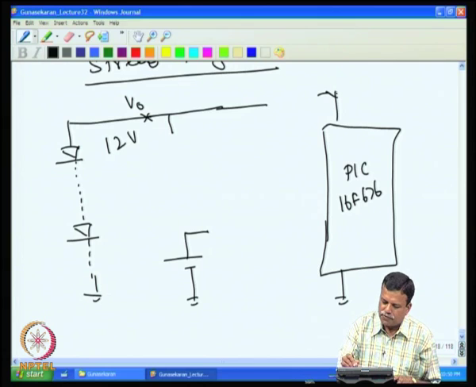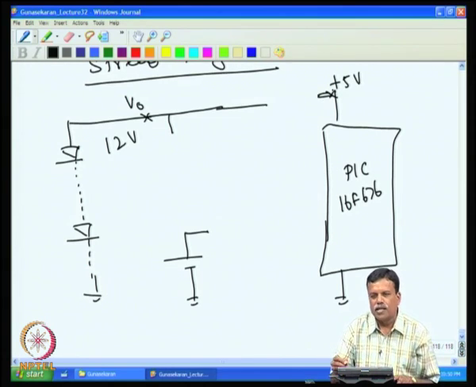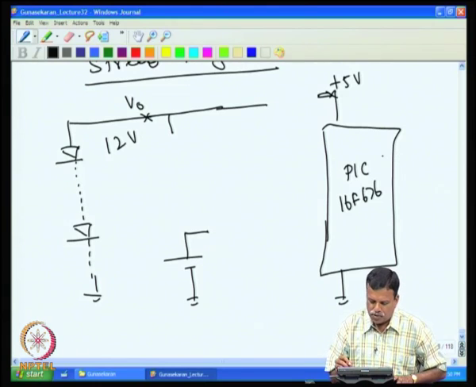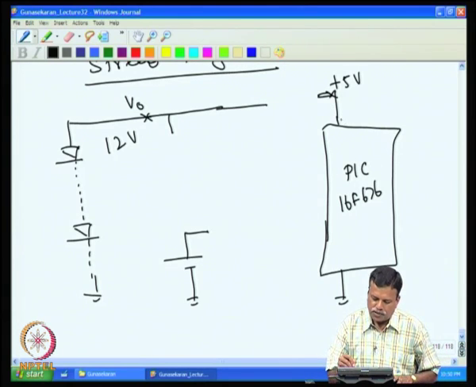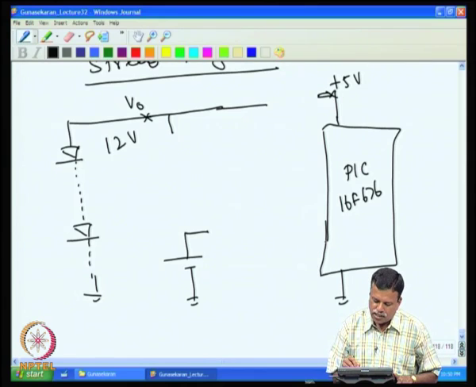The maximum reference voltage that can be given is, with a 5 volt supply, only 5 volt. Either I can use the inbuilt power supply, this 5 volt supply itself, as the reference voltage for the A to D, or there is also a provision to use an external V reference.